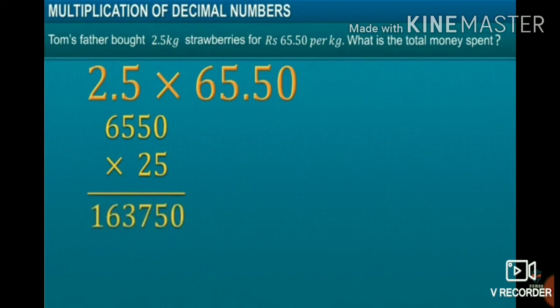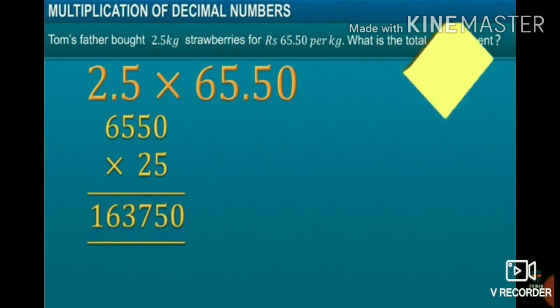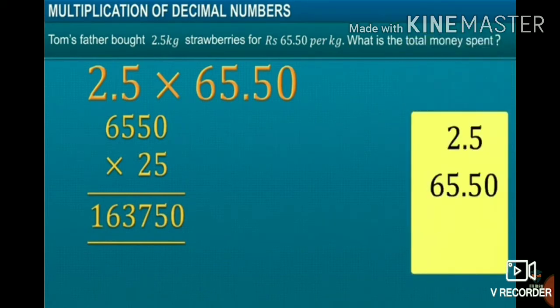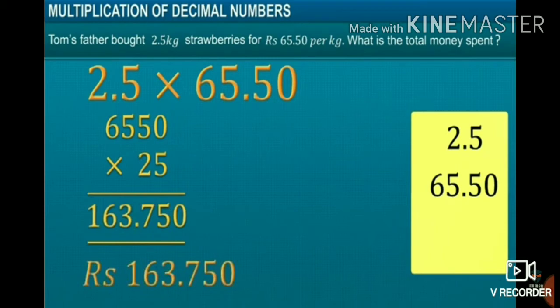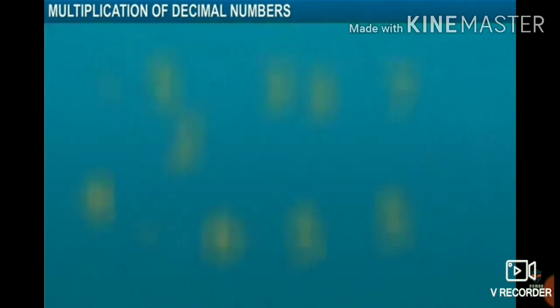There are 3 digits after the decimal point. So the right side of the decimal point should have 3 digits. Okay, this is the hint, you can use it.